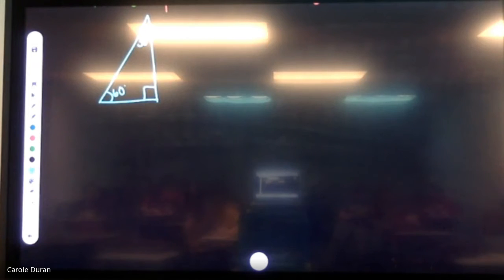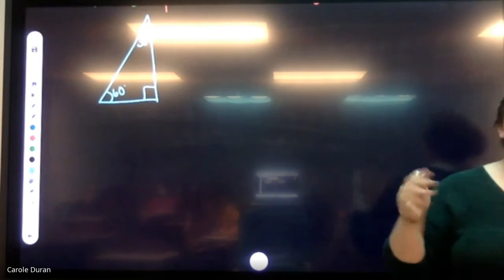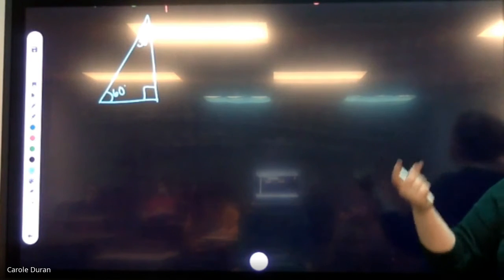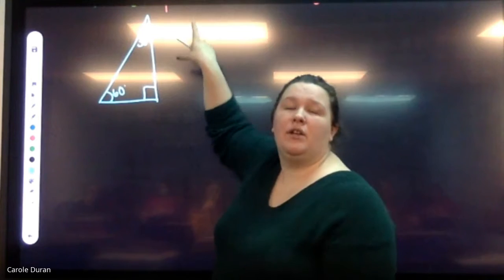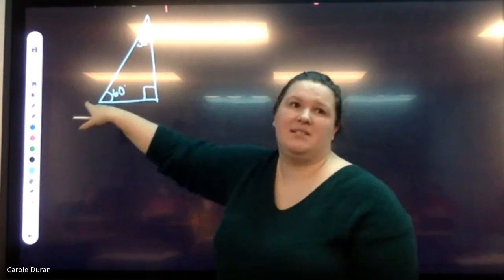The important thing you need to remember here, in case you're asked to assign angles to specific sides, is that if I know it's a 30, 60, 90, obviously the right angle, the one across from the diagonal, is the 90-degree angle. The angle across from my shortest leg is my 30-degree angle, and the angle across from my largest leg is my 60-degree angle.